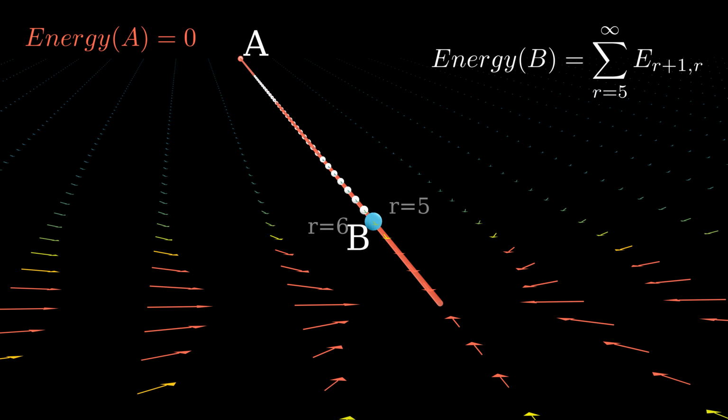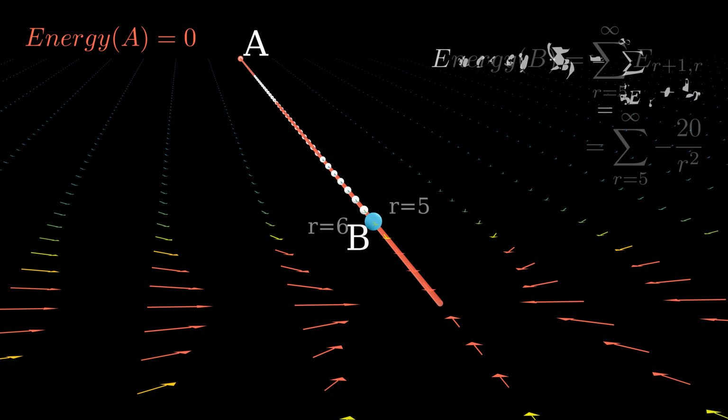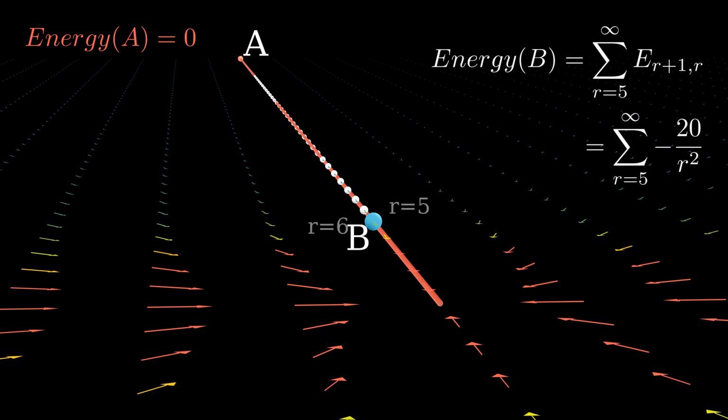In our case, with B located at distance 5 from the origin, the sum starts at index 5 and goes over all integers up to infinity, and each summand, one for each segment, is minus 20 over the current index, which is the current distance from the origin at the near end of the segment, squared. There's no need to evaluate this explicitly though, since of course this is only a crude approximation.